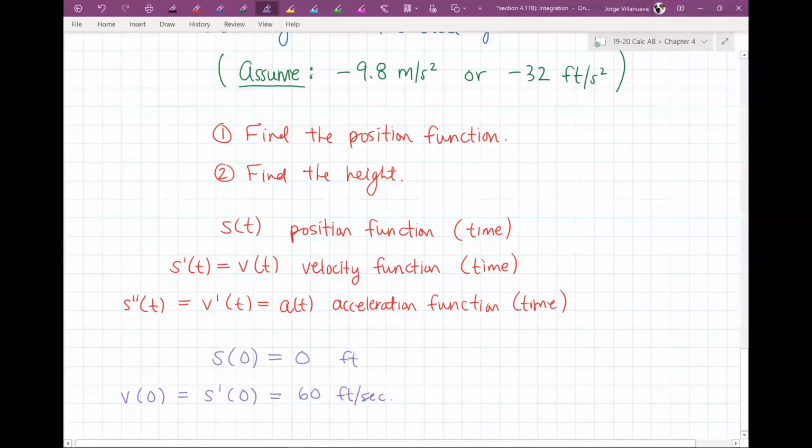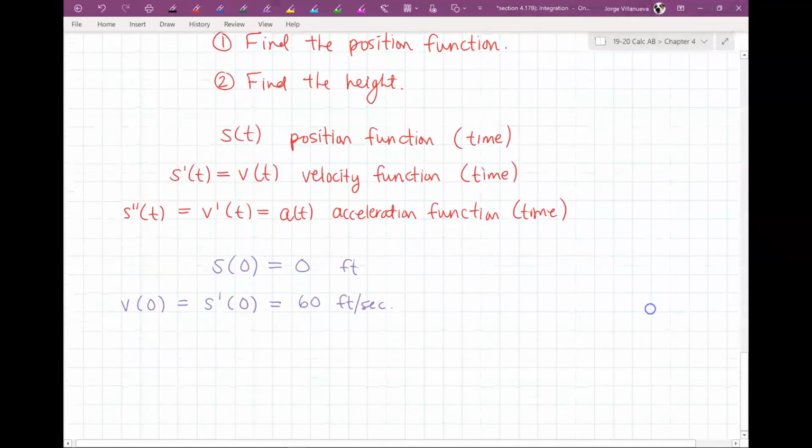And I know one more thing. Since this is in feet per second, don't I know acceleration? Right? So acceleration at any time, okay? So at 0, at 30, at whatever. But acceleration at any time is negative 32. So I'm just going to write V prime of t. By the way, you don't have to do what I'm doing right now, writing like A of t equals V prime of t equals S double prime of t.